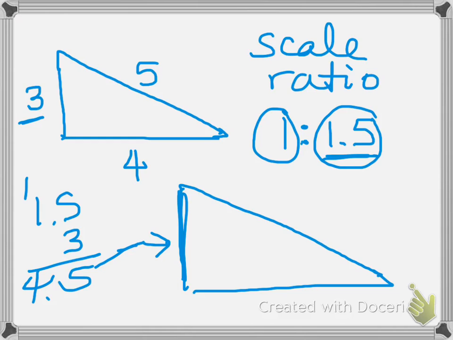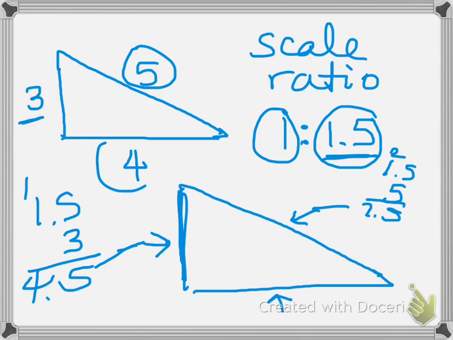Alright, and then to get this side, I have to multiply 5 times 1.5. Do 1.5 times 5. Okay, so that's 7.5. And then the bottom side is going to be 4 times 1.5.